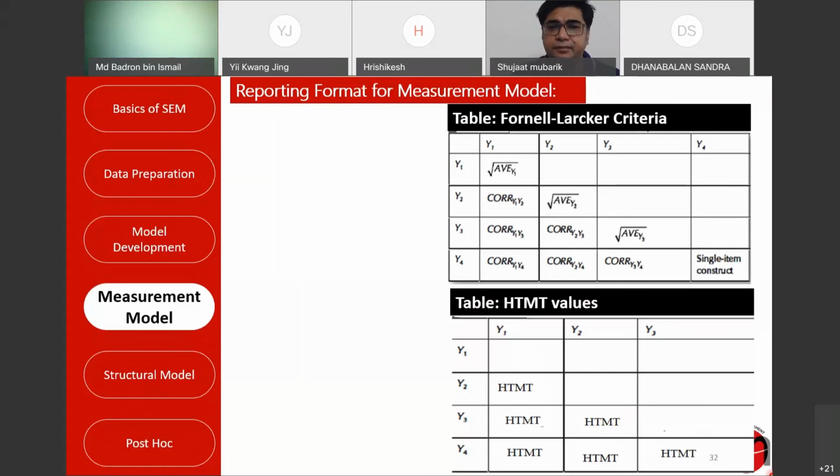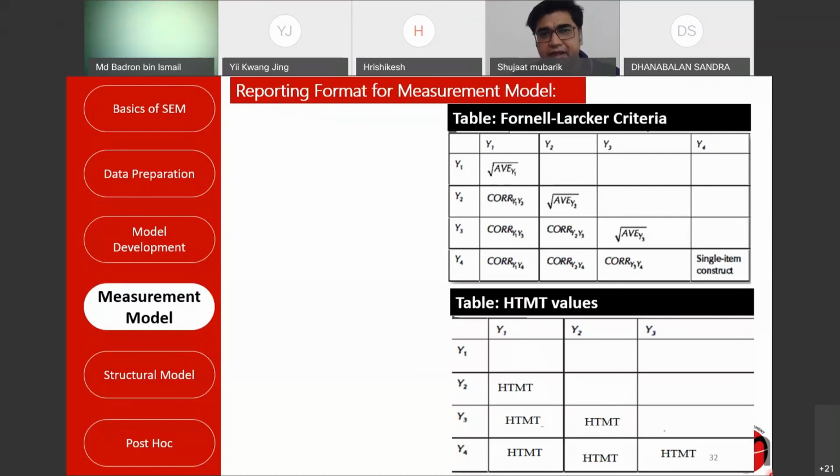Then PLS Smart has given us a test called CTA, Confirmatory Tetrad Analysis. If you are unsure whether a construct should be formative or reflective, we model that construct as a formative construct and then run the confirmatory tetrad analysis, that is CTA, and based upon its results we can decide whether this construct is formative or not.